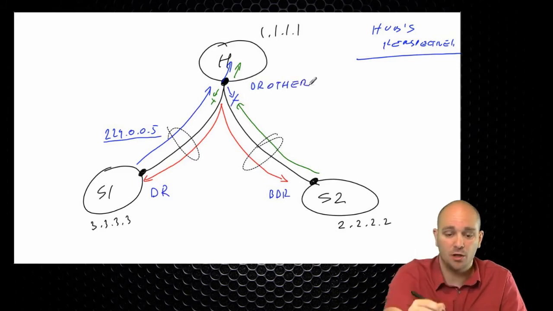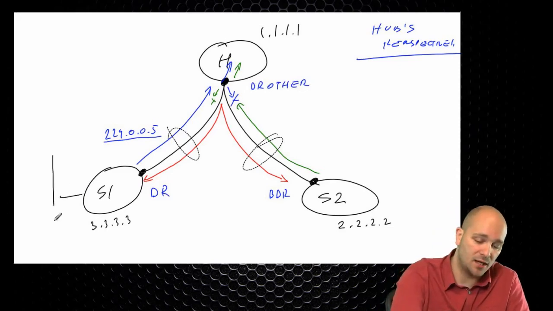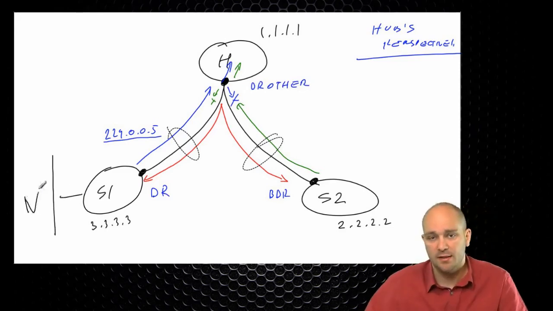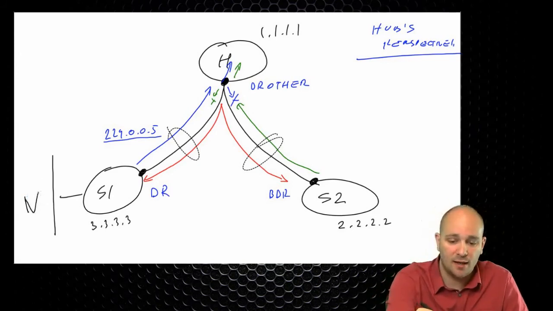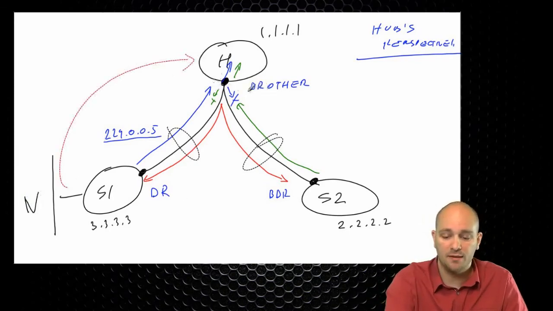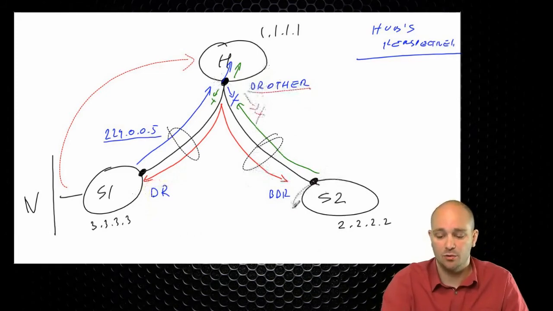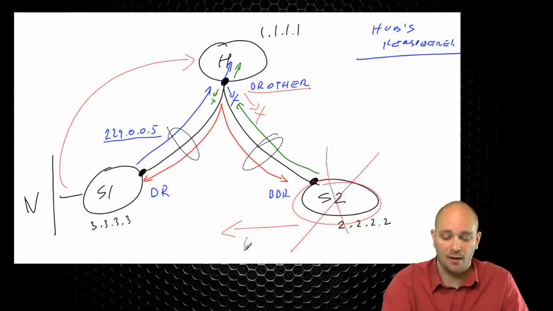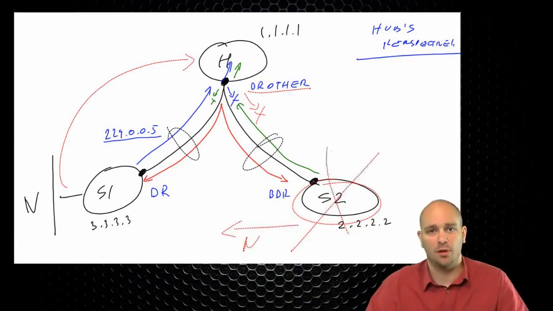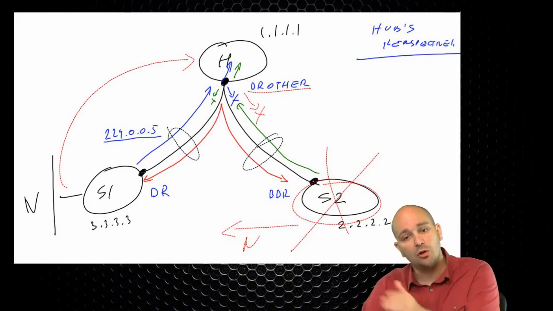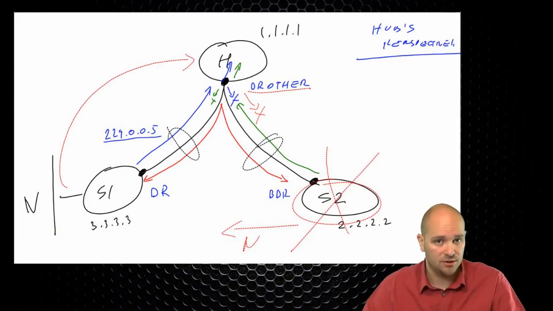Now, let's say that there is a network N behind spoke 1. And let's say that this network N is now being advertised to the hub. Now, the hub, being DR other, assumes that there is an adjacency between spoke 1 and spoke 2, so it's not actually going to reflood this LSA to spoke 2, which means that spoke 2 cannot reach the network N. So network N is unreachable from spoke 2 because the hub did not forward that information out to it.